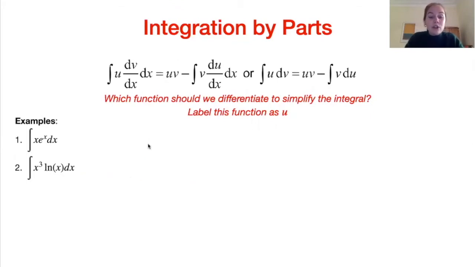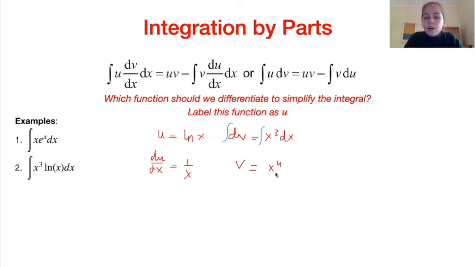So let's have a look at the full solution again then. So we decided that u is equal to ln of x, and therefore that leaves us with dv being equal to x cubed dx. Taking then the derivative of u with respect to x, this is equal to 1/x just from our formula booklet, and then finding v by integrating both sides of that equation, we find that v is equal to x^4/4.